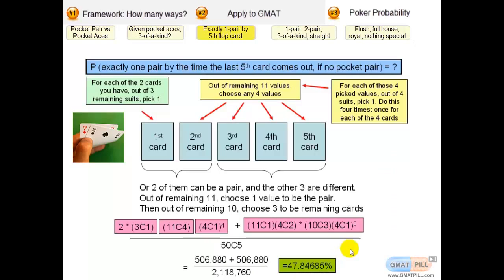So there's almost a 50-50 chance that by the time you play it all out, you're going to have at least a pair, or exactly a pair in this case. The probability of getting something is obviously more than that, because you could potentially have 2 pairs, 3 pairs, or 3 of a kind, full house, anything like that. But this is the probability of getting exactly 1 pair by the time you play the flop, turn, and the river.